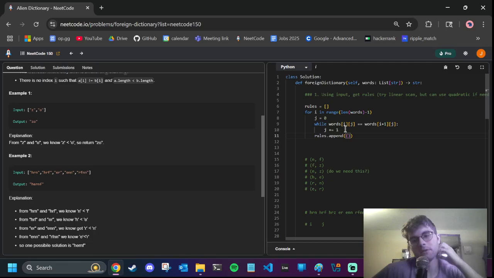When they're not equal, the smaller one is the one on the left. So words i, j, then words i plus 1 and j. If they're not equal, we append the one on the left first.